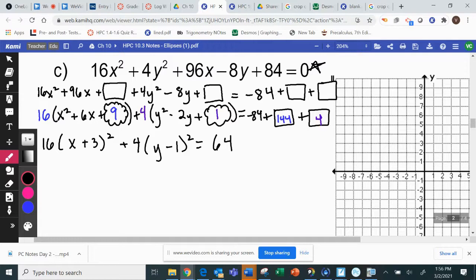It would be a circle if it was like 16 and 16 and 64. So I could tell this is an ellipse. And because it's an ellipse, this has to say 1. So I'm going to divide everything by 64 instead of whatever else I was saying before.